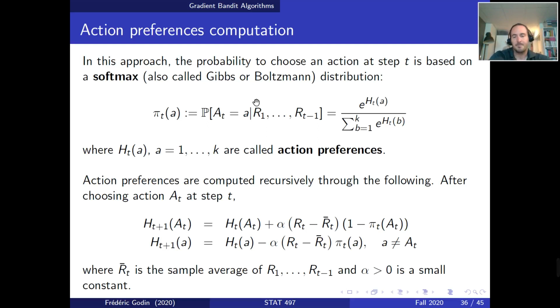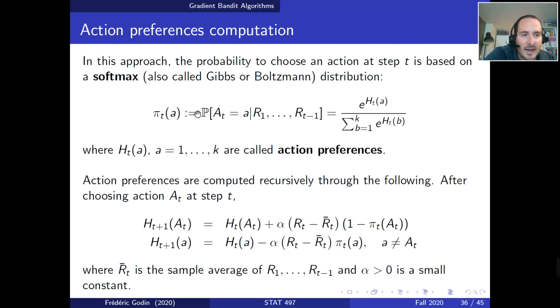So we have a policy which at step t, or play t, can randomly sample from the various actions with probabilities pi_t.